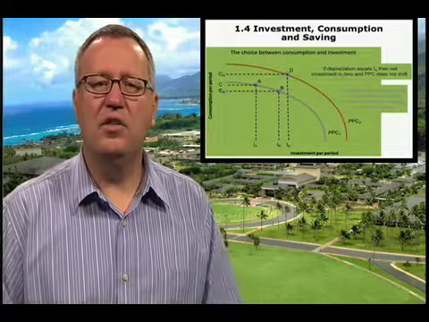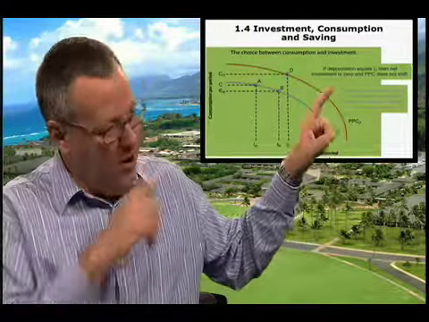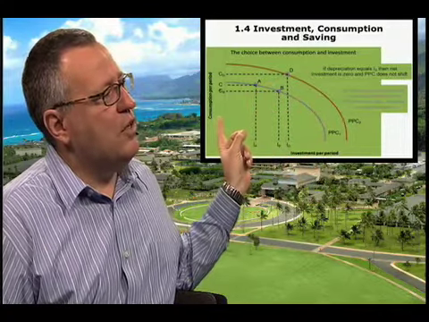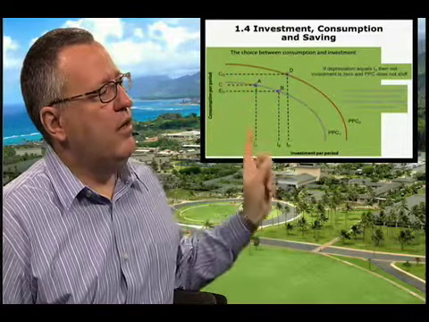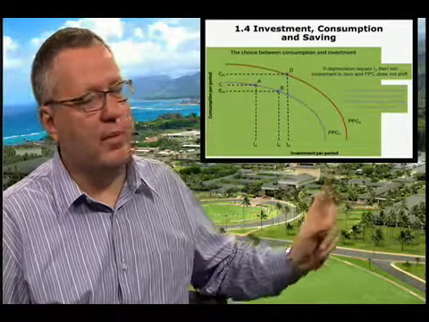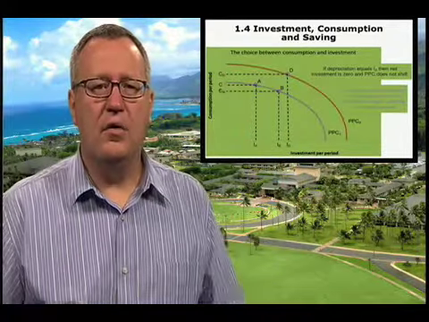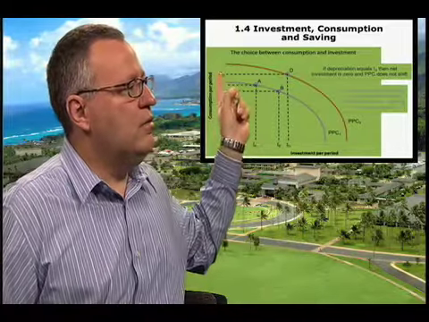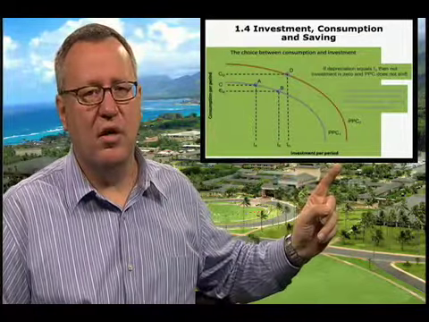As a civilization, as an economy, we are on this curve. On the curve we have consumption per period over here, and investment per period over here. So we have two choices. We can either consume here, or we can invest our money.